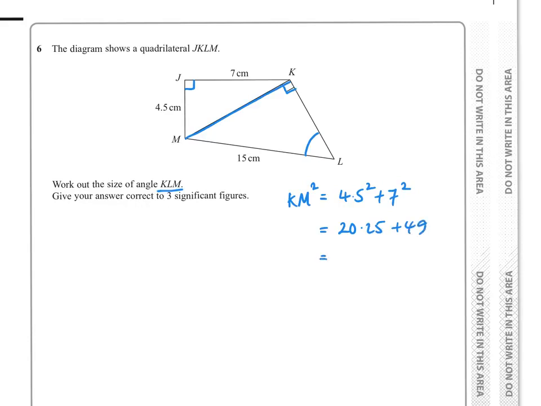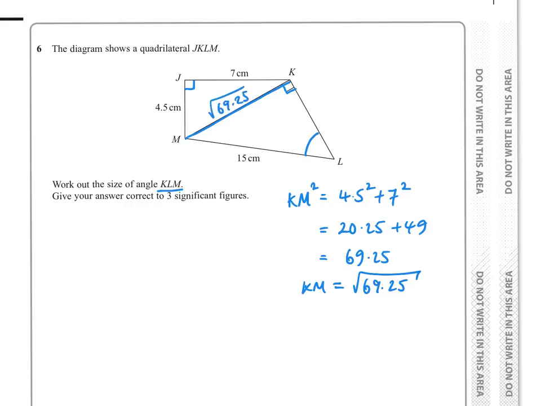So that is going to be 69.25. So KM is going to be the square root of 69.25. And I'm just going to leave that as it is for now, instead of decimalising the whole thing.